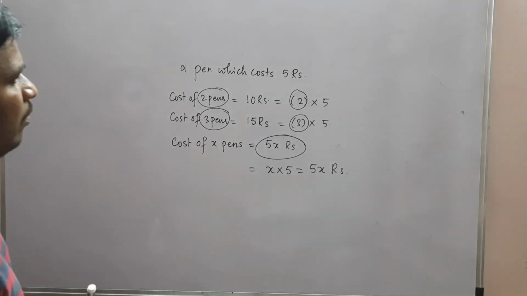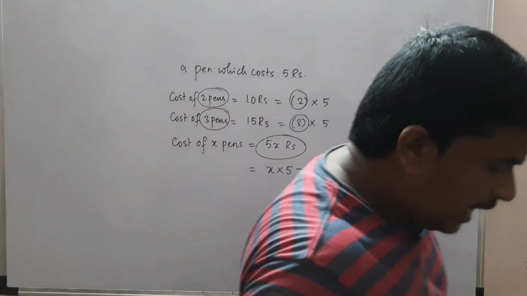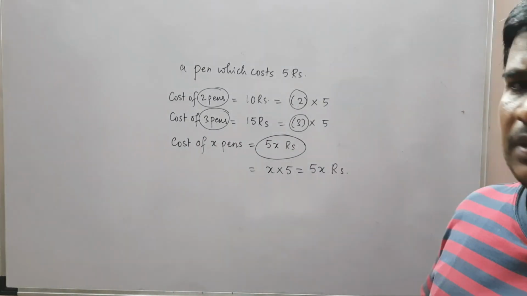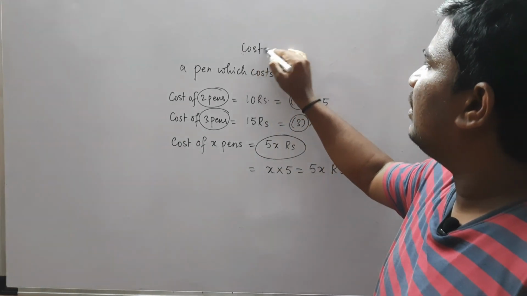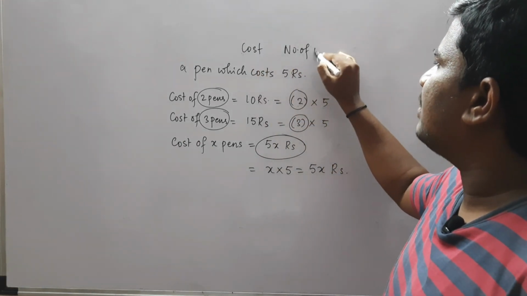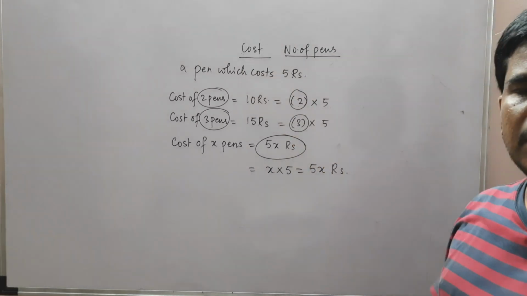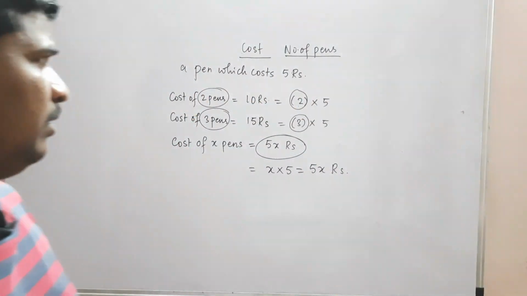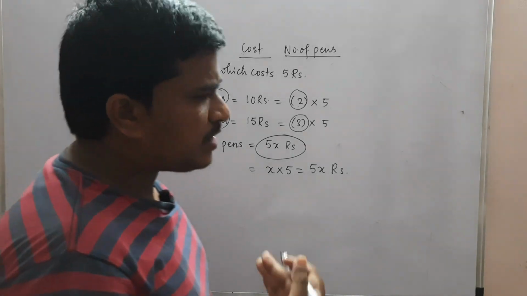Now, let me talk about two things in this particular example. One is cost, the other is the number of pens. So 1 pen costs 5 rupees.